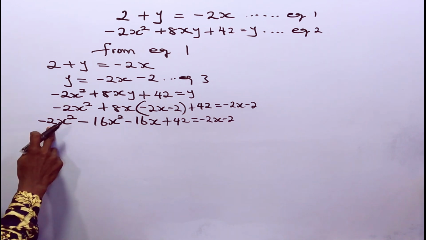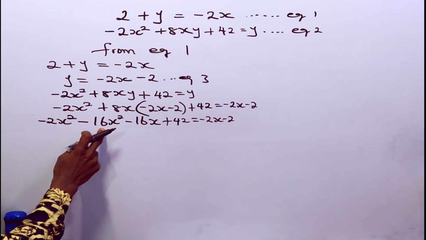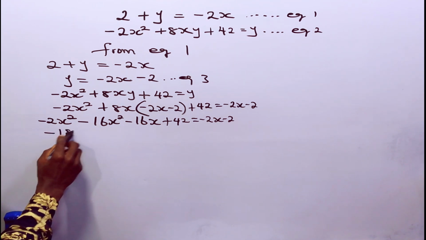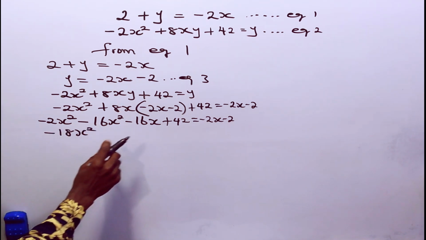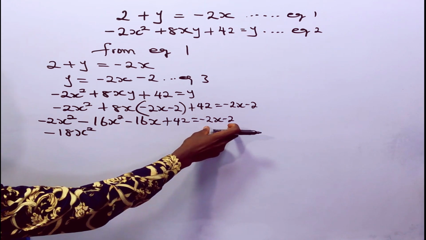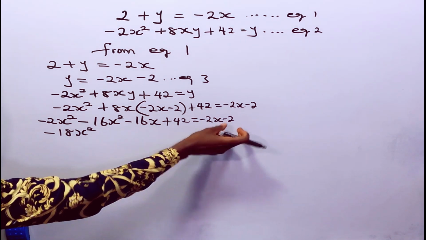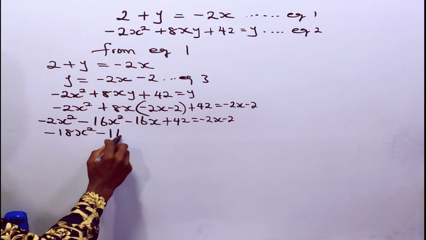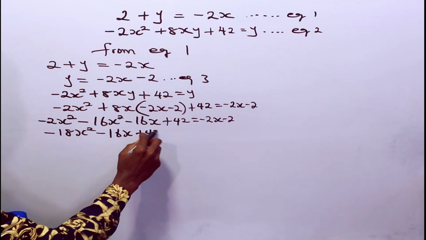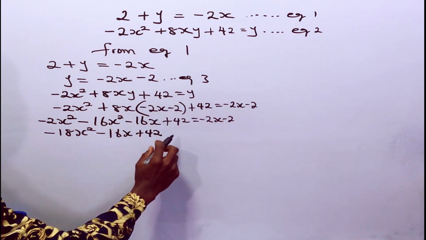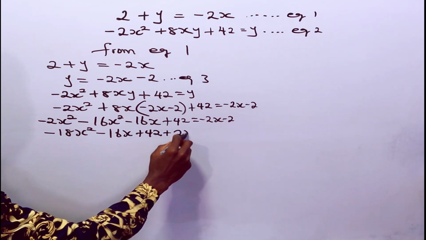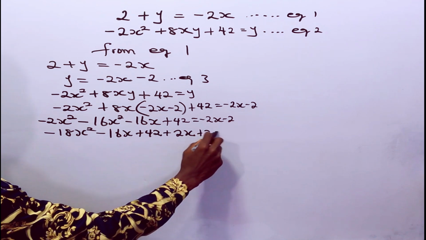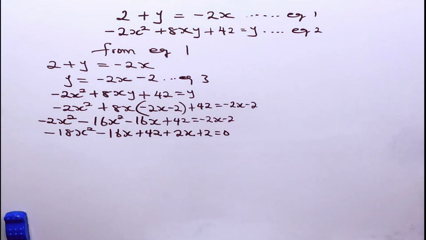Now simplifying this, negative 2x squared minus 16x squared is negative 18x squared. Now let's bring negative 2x and negative 2 to the other side, so that we have negative 16x here, positive 42, negative 2x coming the other way around will become positive 2x, negative 2 coming here will become positive 2, and let's equate it to 0.